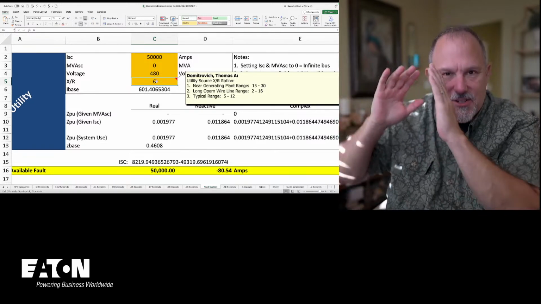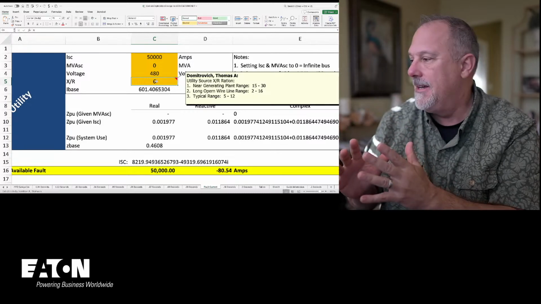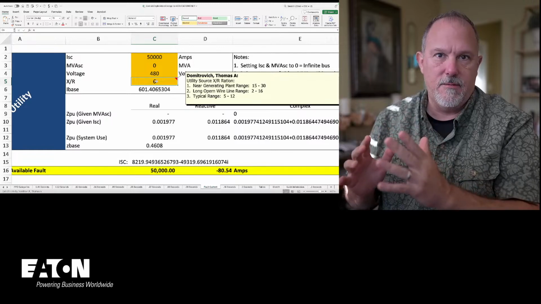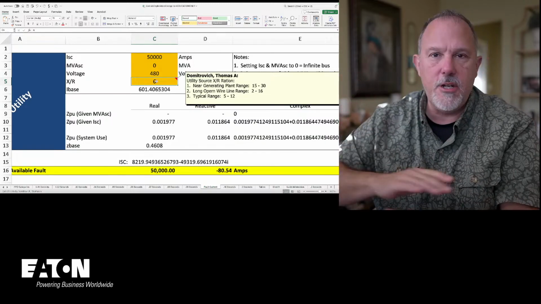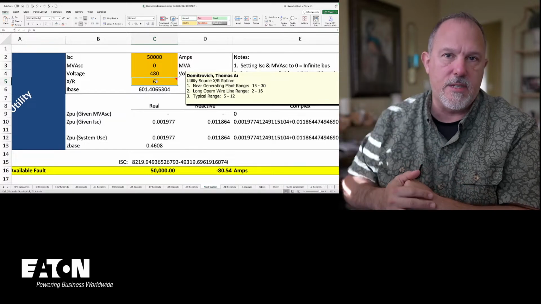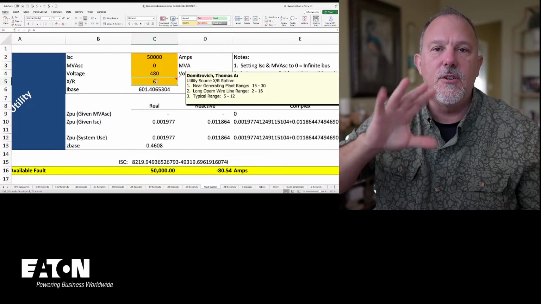So now that I have an Excel spreadsheet, I can make changes, right? So we can change that X to R ratio based upon whatever we want and see what the impact is all the way downstream. That gives us those tolerances, right?